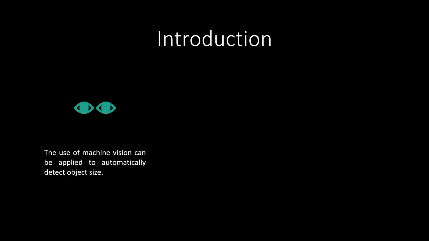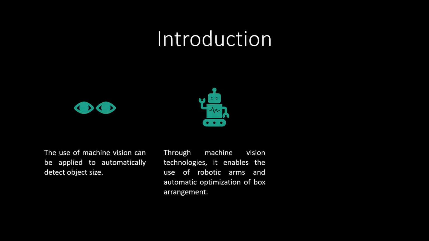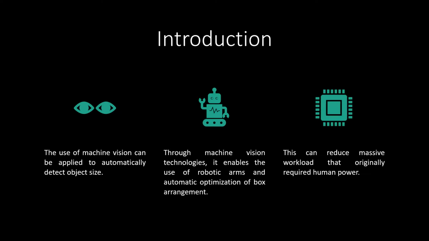Through the use of machine vision, we can automatically detect the object size. And through that, we can use a robotic arm or automatic optimization for box arrangements via the data that we obtain from the vision system. This can greatly reduce workload that originally required human power.